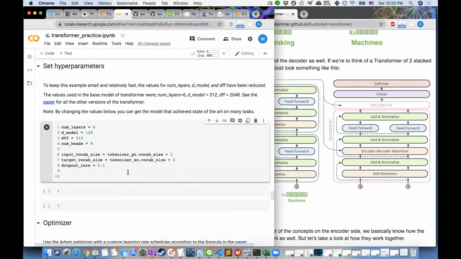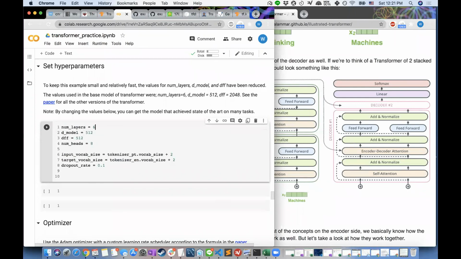And now we're going to set the hyperparameters. In this case, oh, we're using 4 instead of 6. But I guess someone put 4 here. That's fine. And number of heads, 8. D model, I don't know why it's changed here.